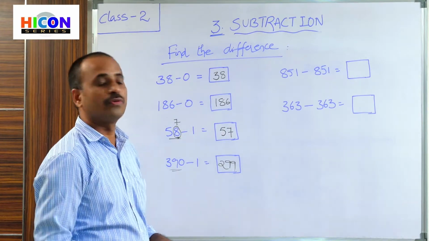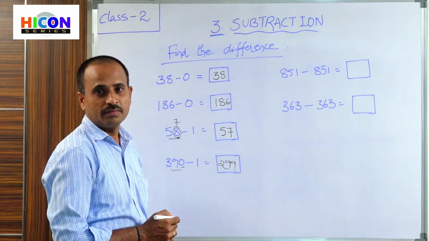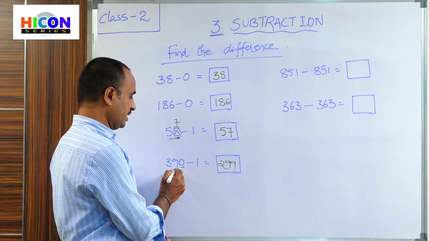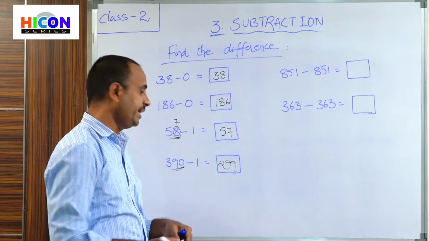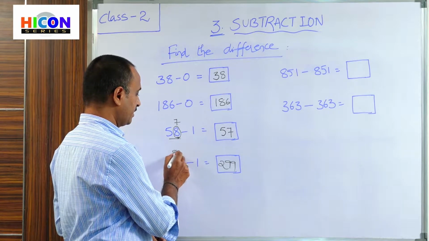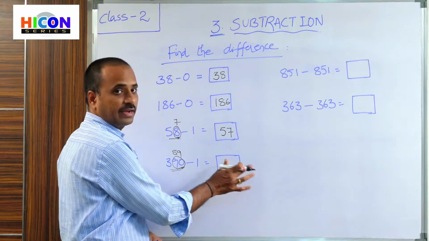How can we write the before number? Here 0 is present in the ones place, which means there are no ones. Now go to the tens, that is 90. What is the before number of 90? The before number of 90 is 89. So the answer is 389.